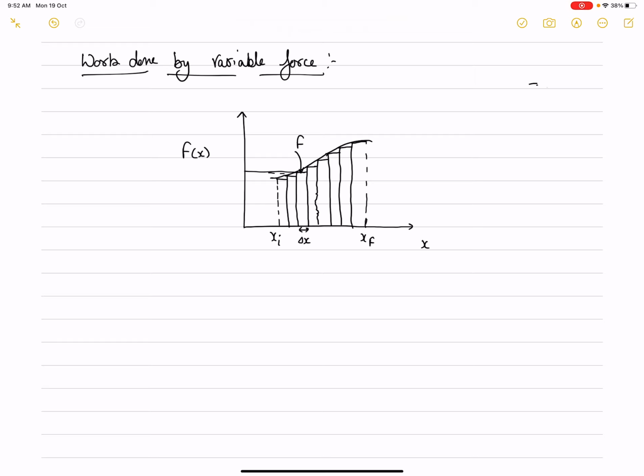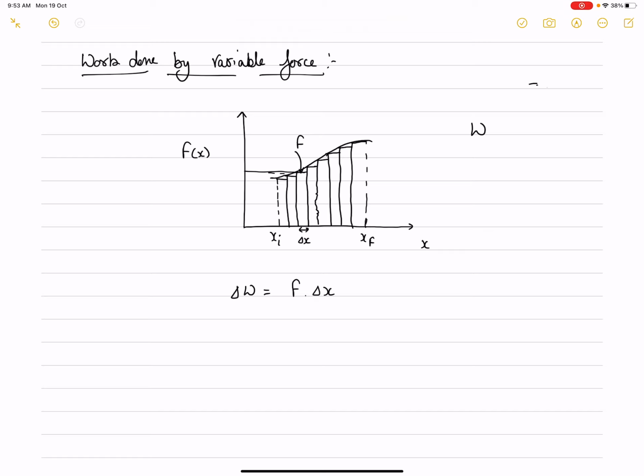Let's say from xi to xf, when the body is moving from xi to xf displacement, it does W work. Now for this small portion, the work done will be smaller as well. Let's say del W will be equal to F into del x, as simple as that. This expression we have already studied.